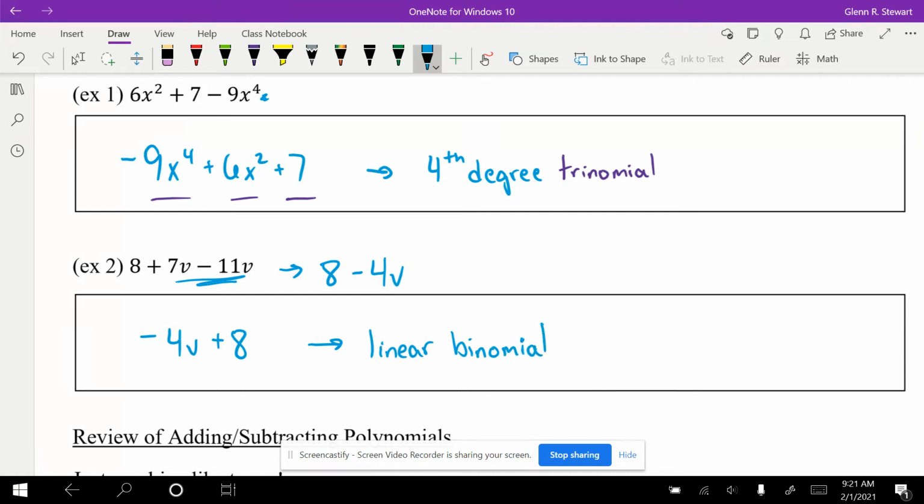Why is this linear? Well, compared to a constant, if you remember, constants have no variables to them. And a linear would mean that my variable would have a degree of 1, which it does there. It's an imaginary degree.